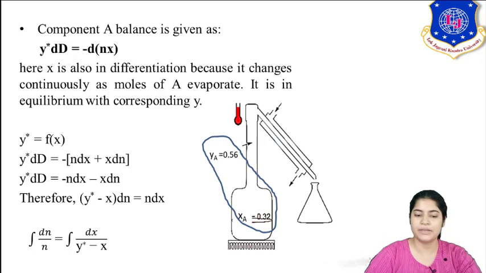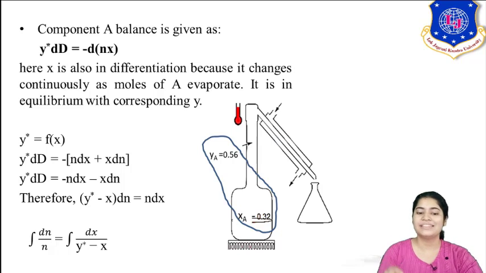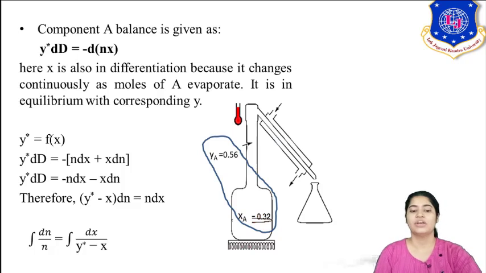In the example, you can see the vapor phase composition of A is 0.56, and for that vapor phase composition, the equilibrium condition in the liquid phase is 0.32.